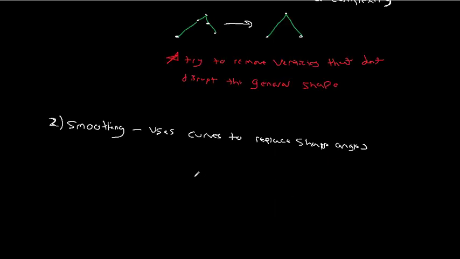So for example, if we were to do the same thing we did before, where we have these sort of points set up, maybe something like this. I've exaggerated it slightly, that we would have this sharp point, and instead we could turn that into some sort of a curve.